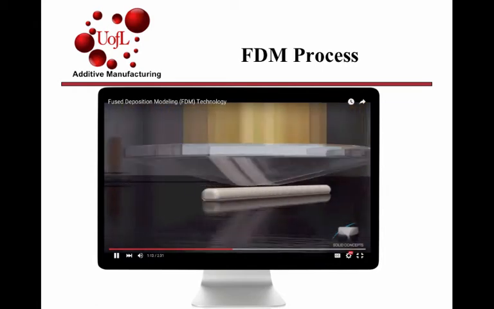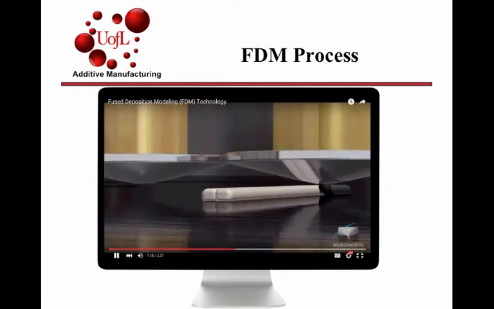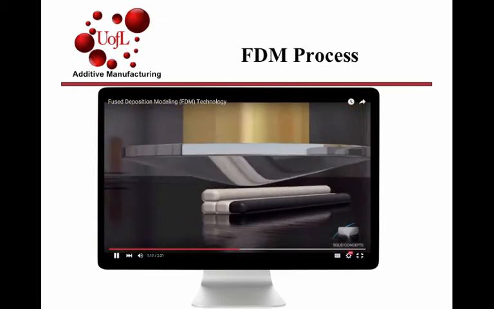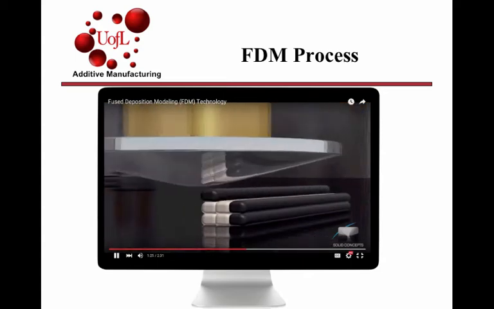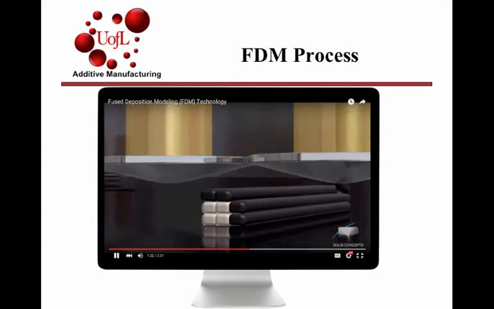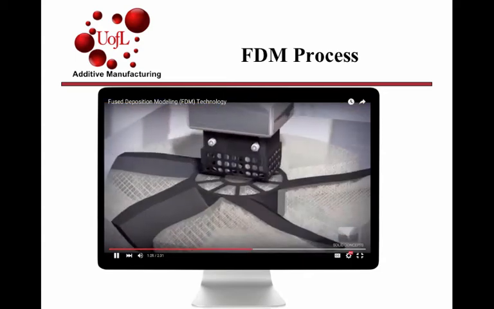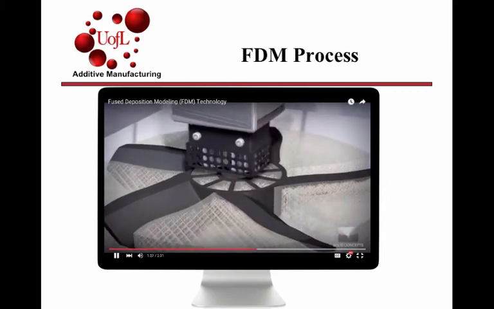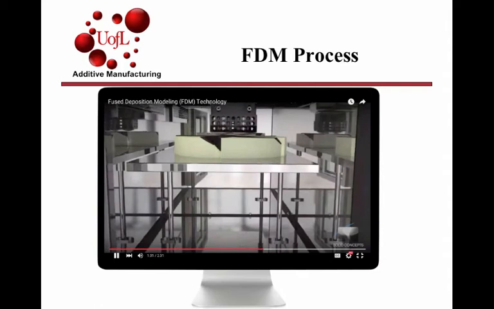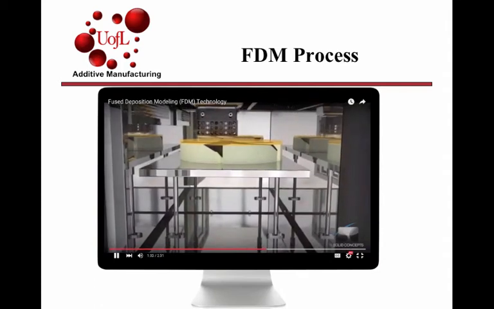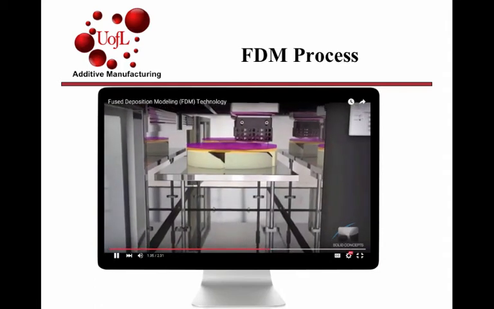The extrusion nozzles precisely lay down both support and thermoplastic material upon the preceding layers. The extrusion nozzle continues to move in a horizontal XY plane while the build platform moves down, building the part layer by layer.